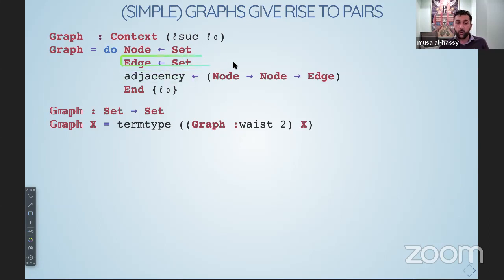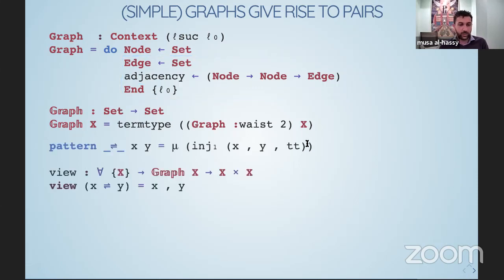So we walk along the remaining elements and we say, oh, adjacency has an edge, so we keep it, right? So that's what term type does for us. And we realize this is just vertices. So that's pretty neat. We can give it a nice pattern, and we realize, hey, any syntactic graph corresponds to a pair. So that's kind of neat. We have a nice representation of these simple graphs.